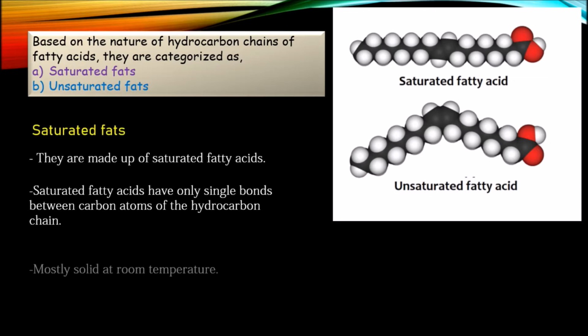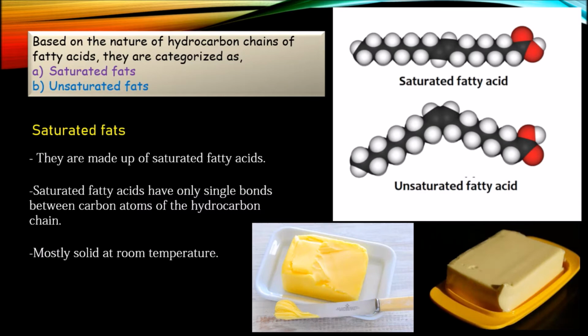Saturated fats. Saturated fats are made up of saturated fatty acids. They are fatty acids that have only single bonds between neighboring carbons in the hydrocarbon chain. That means those fatty acids are saturated with hydrogen atoms.